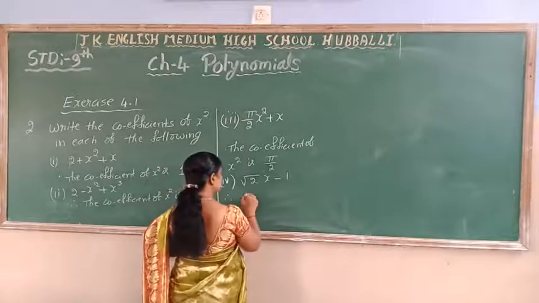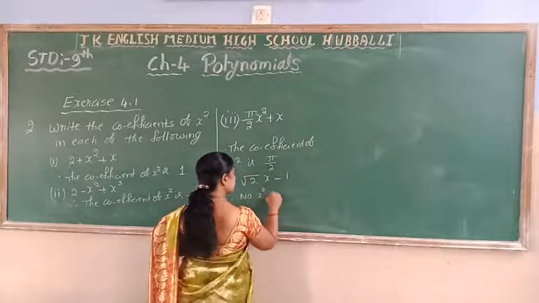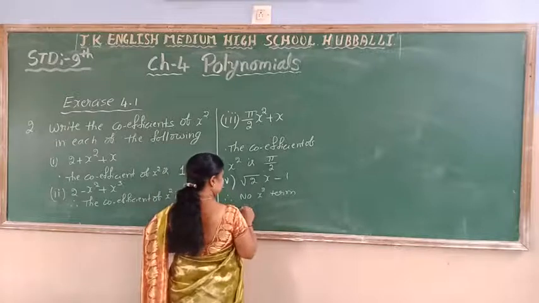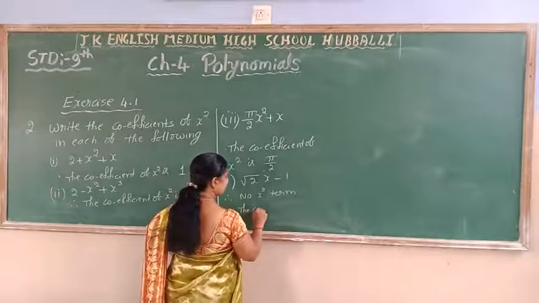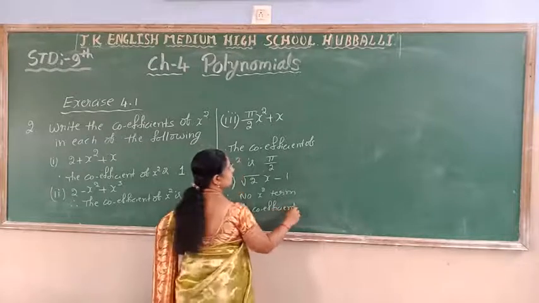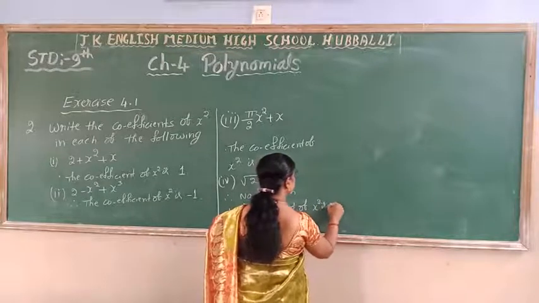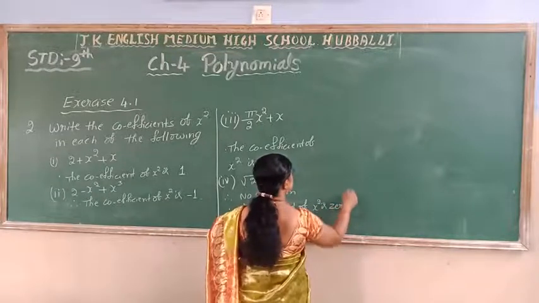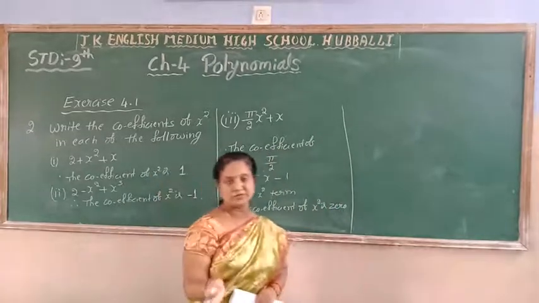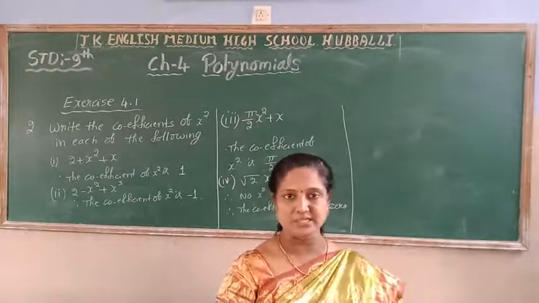Therefore, no x square term means the coefficient of x square is 0. Be careful, if any term is not there, you have to write the coefficient of that term is 0. Okay children, this second main question is over.